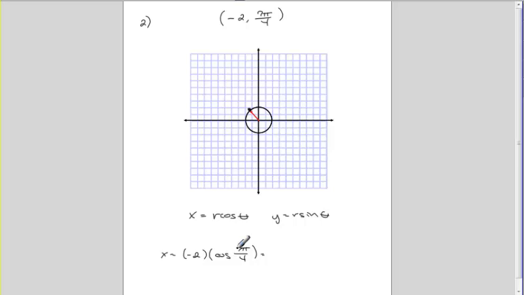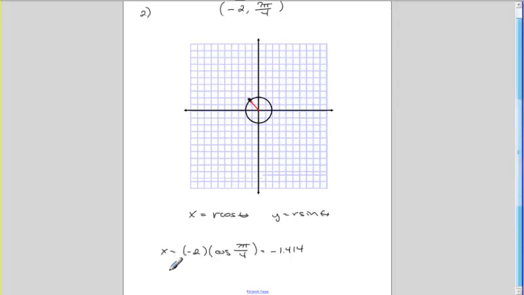So we take -2 times the cosine of 7 times pi divided by 4. So our x value is -1.414.